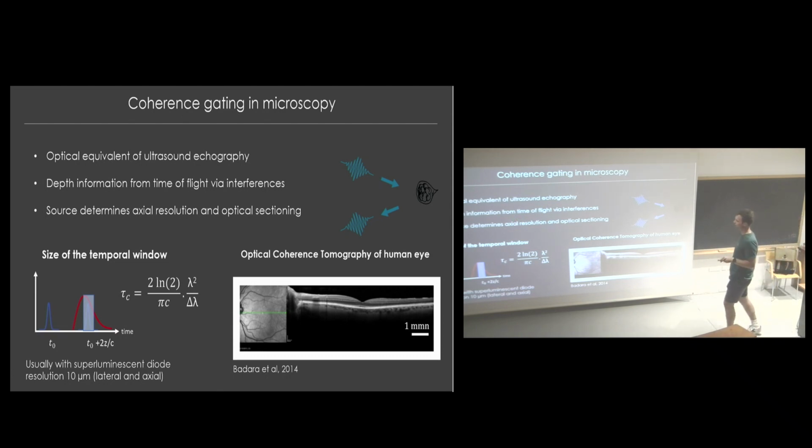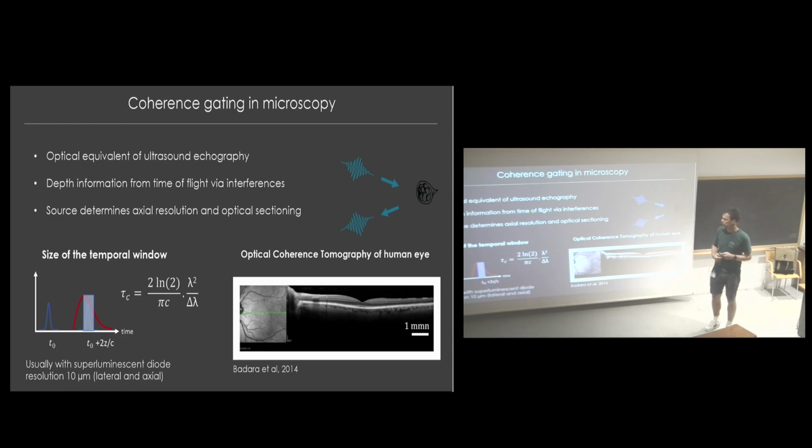You can compute the size of the temporal window. This is given by the coherence time of your source. There are some prefactors, but basically it's inversely proportional to the wavelength bandwidth of your source. So the idea is to have the broadest source possible.